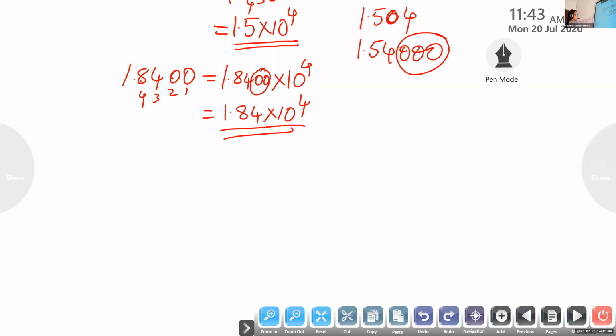These are the standard form. And this is the usual form.